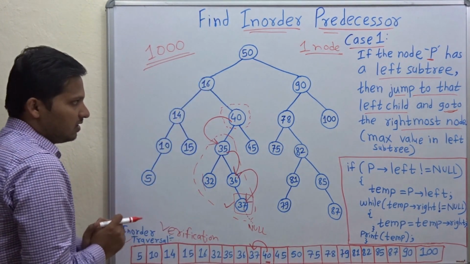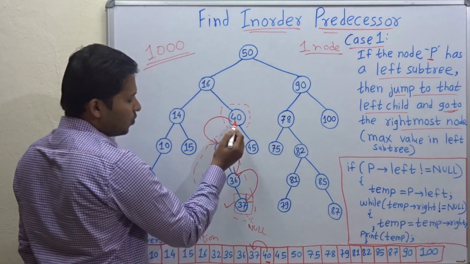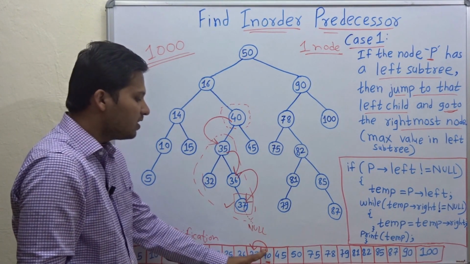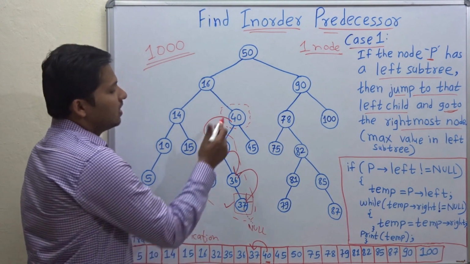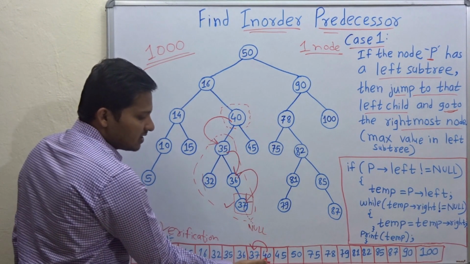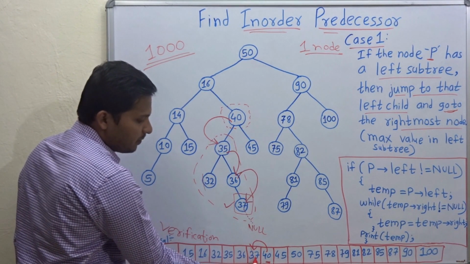Now obviously if we want to find out the in-order predecessor of a node, then we have to find out the node which is previous to the given node. Here we want to find out the in-order predecessor of 40. So inside the in-order traversal we will go to the previous node of 40.